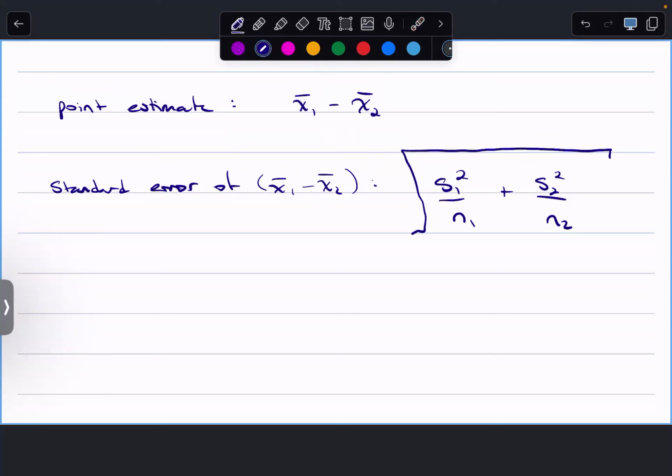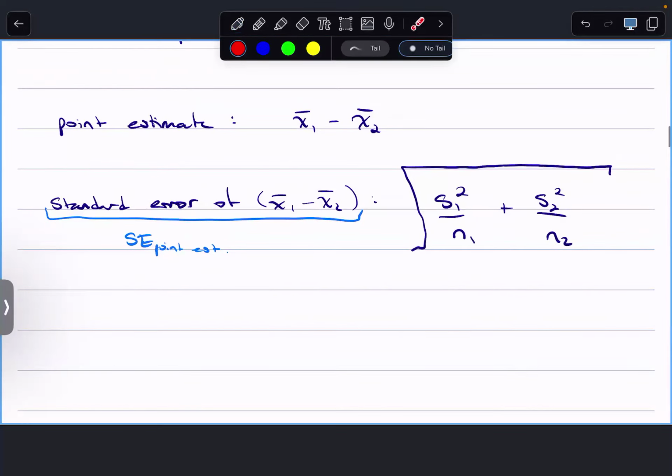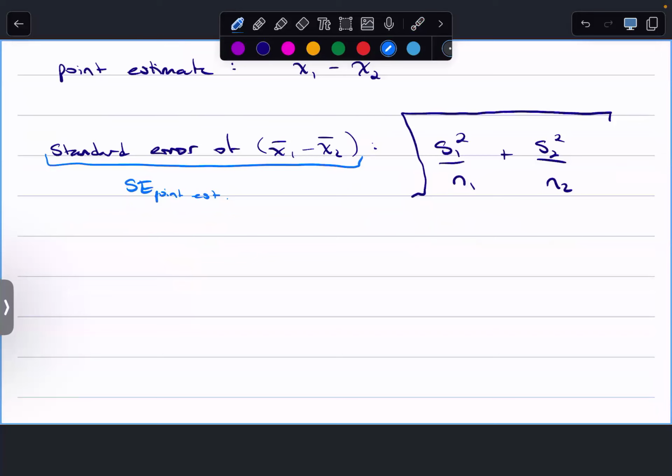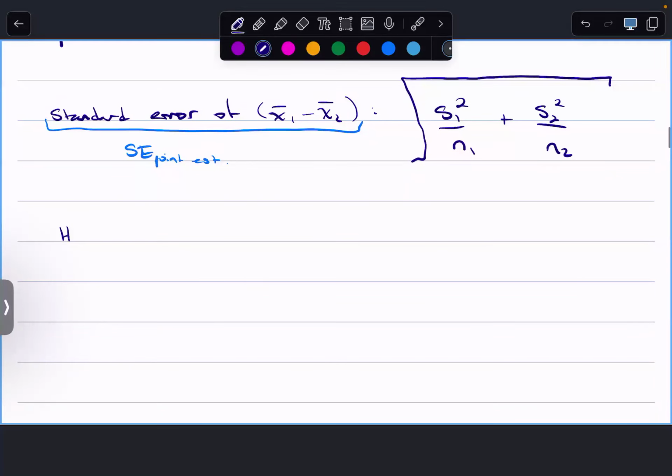So this is the standard error of the point estimate, just generically. So now we can talk about, okay, a t generically is going to be a point estimate from the hypothesized value, right? And just as before, if I'm talking about the difference between these two things, then what am I going to hypothesize about?